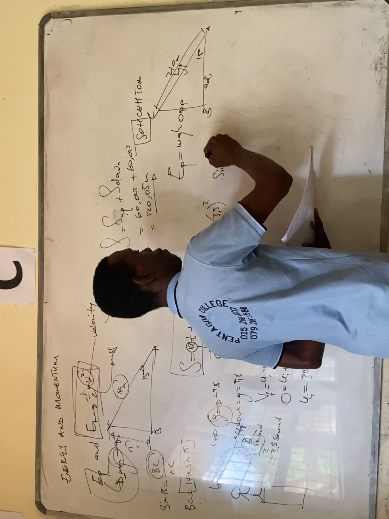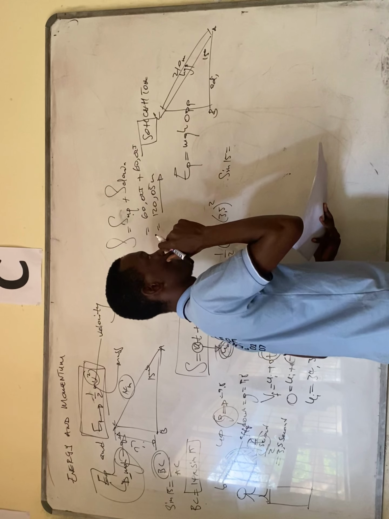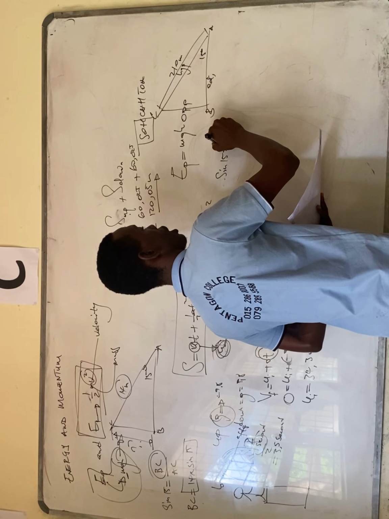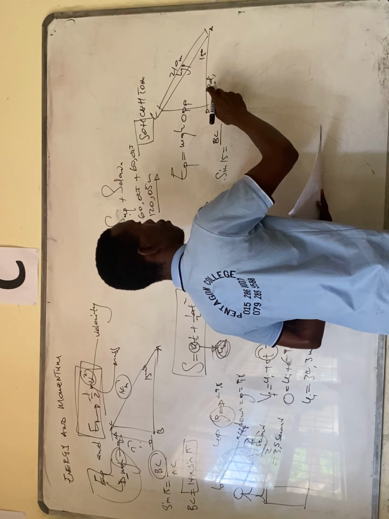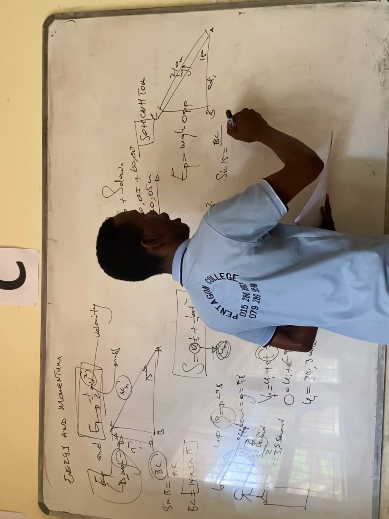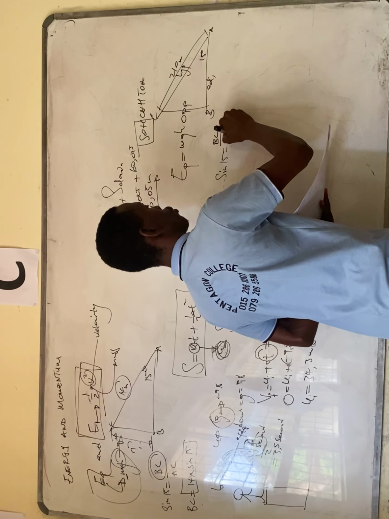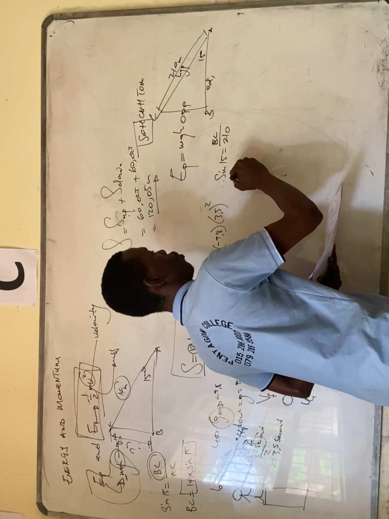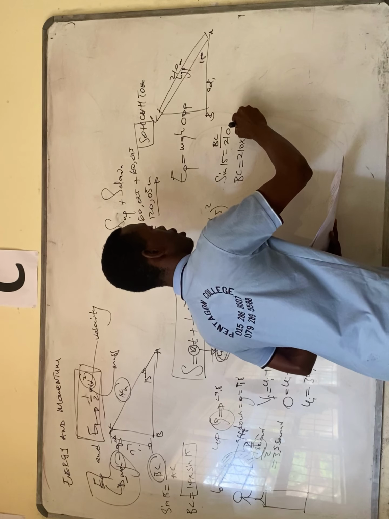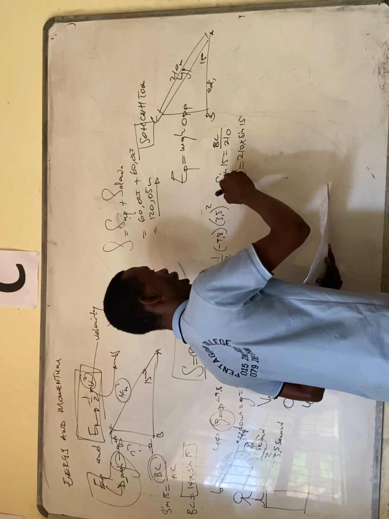The sine of an angle of 15 degrees equals opposite, which is BC, divided by AC, which is the hypotenuse, 210. So BC, cross multiply, 210 multiplication of sine 15 is the same as the height.